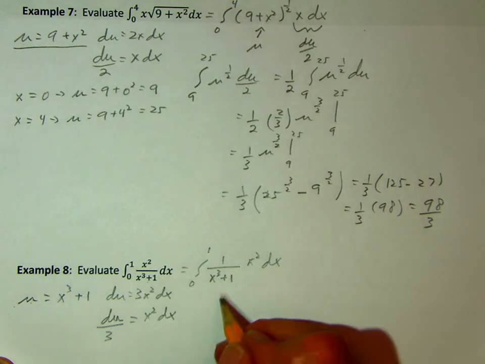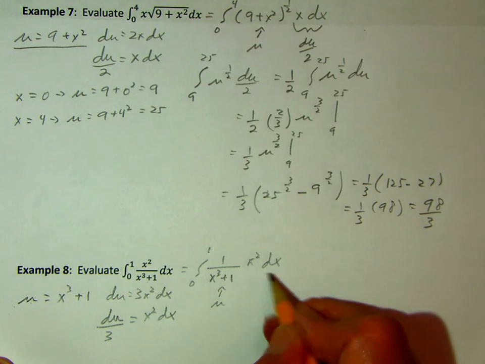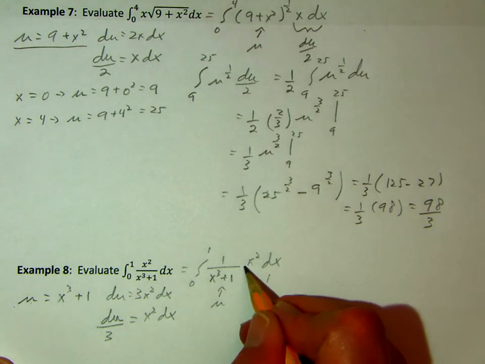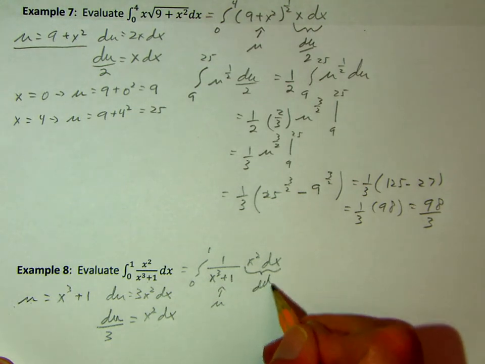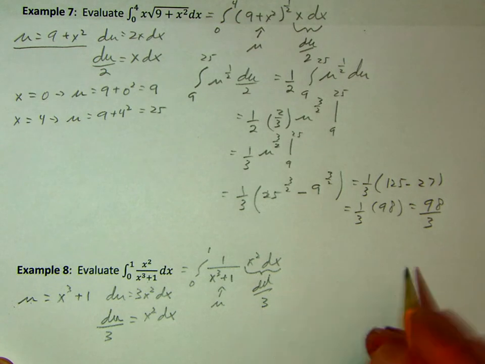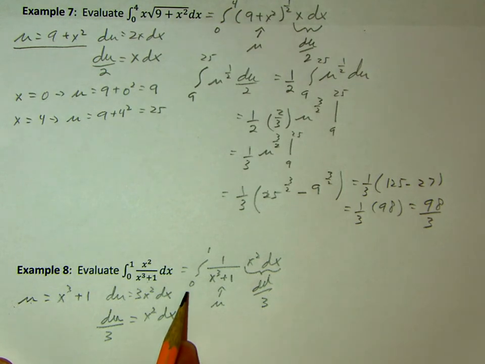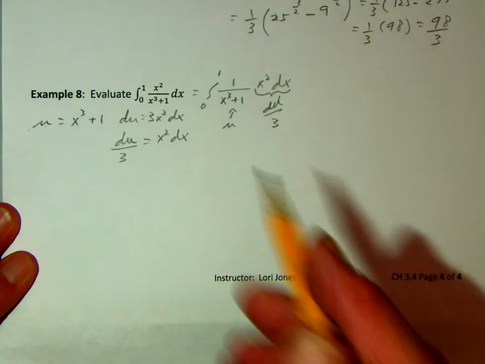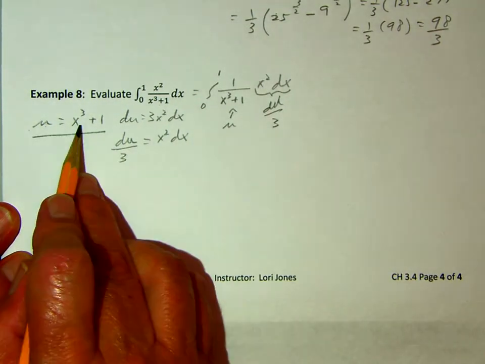And now I'm ready to sub. So here's my u, and here's my du over 3. But I want to translate the limits of integration first. So u is x cubed plus 1.